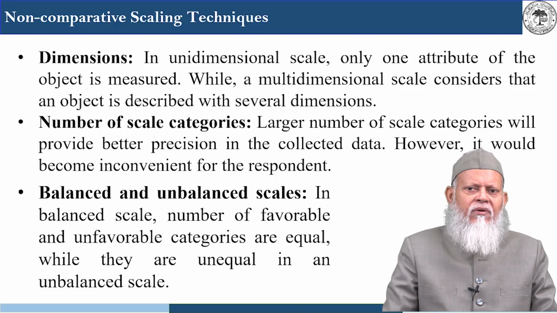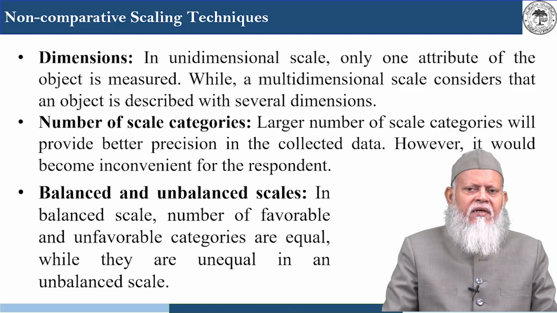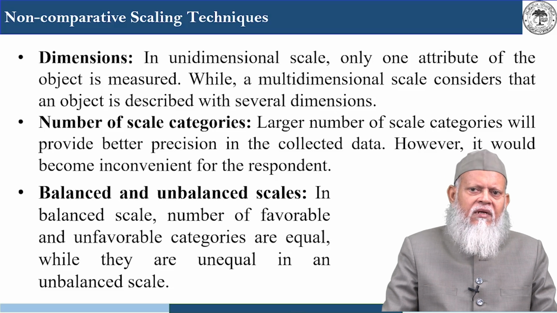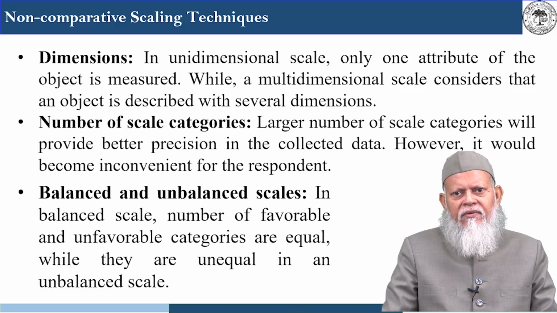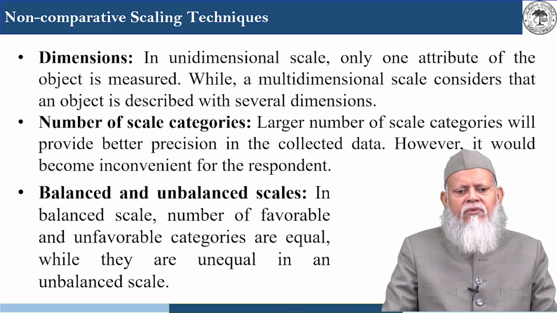And if we do not do that, our data collection may become biased. And when the data collection becomes biased, then the result also may not truly reflect the true characteristics of the phenomenon. And this is why one should keep balanced scales.